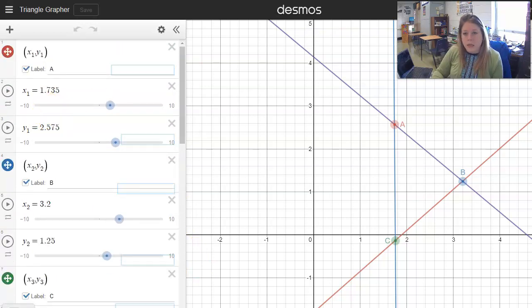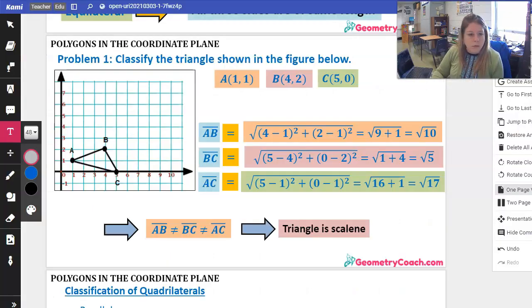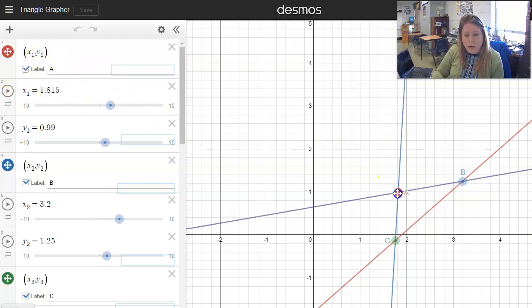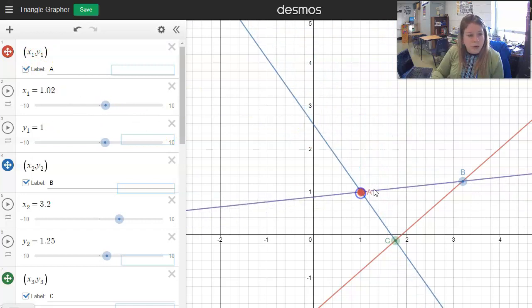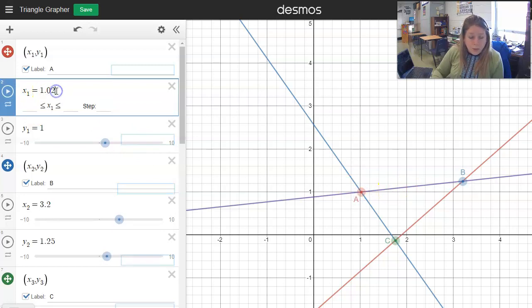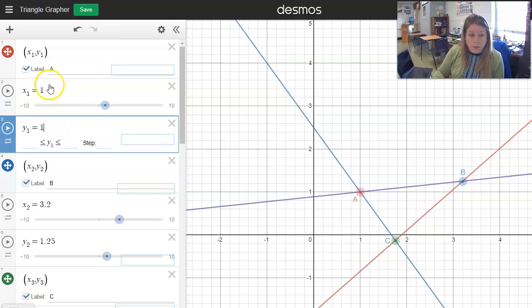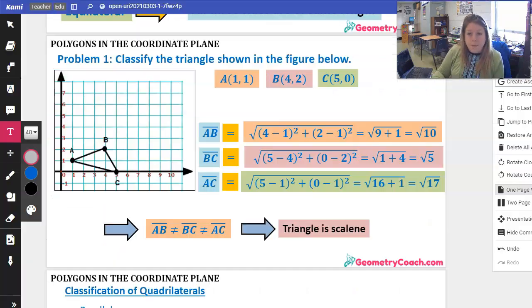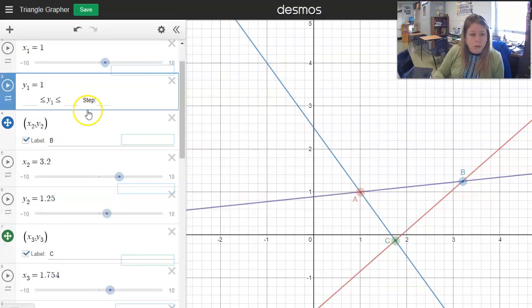So let's put in the triangle from the notes. So I've got A is 1, 1. So you don't want to change it right here. You can either drag it, which is not super accurate, and then here you see I have x1 as 1.02. I'm going to change that to just be exactly 1, and my y was right. So I've got my x1, y1 is 1, 1, and then I've got 4, 2.